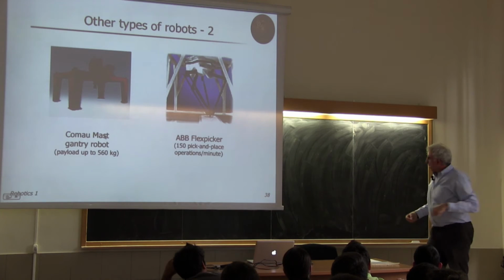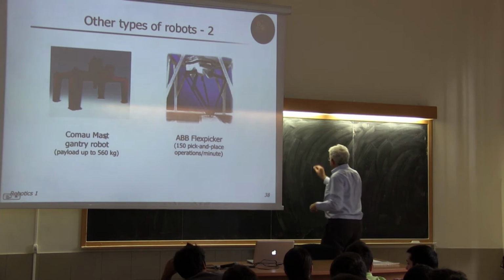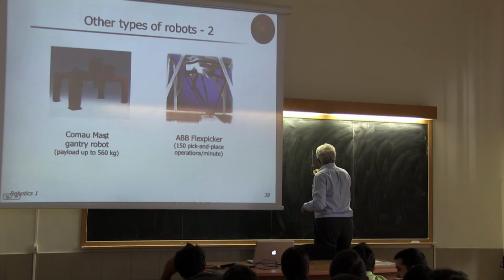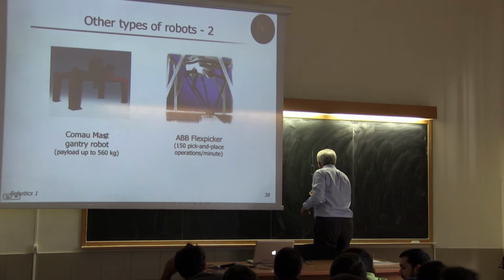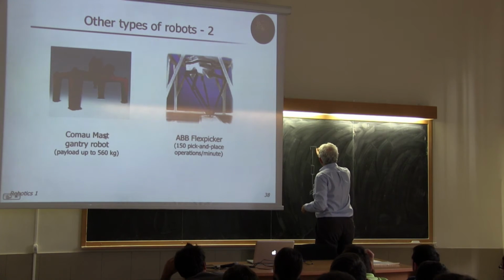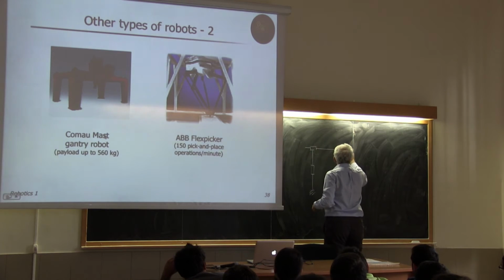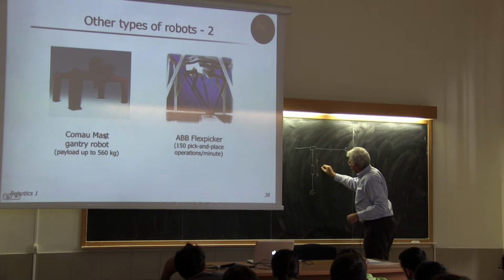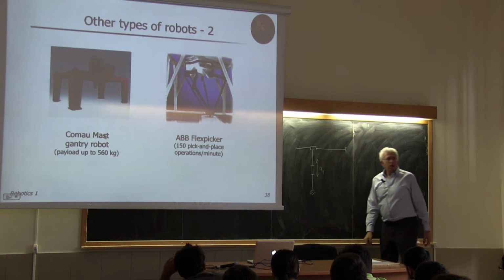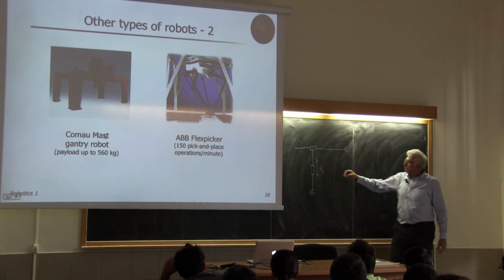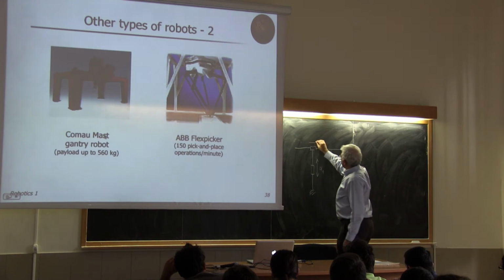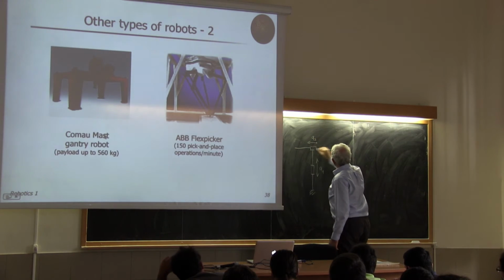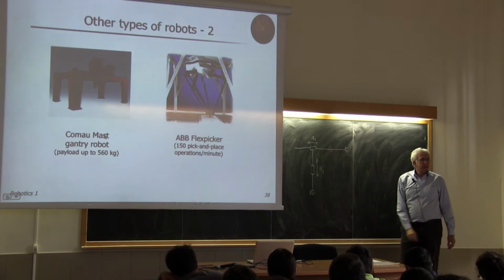Okay? So I can model this as one motion, one extension or contraction along one direction, Q1, and holding a second joint, and then placing this.